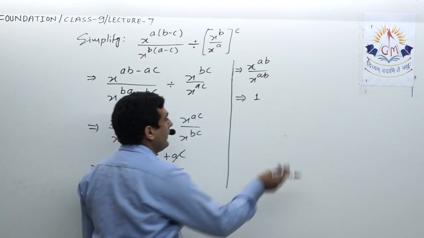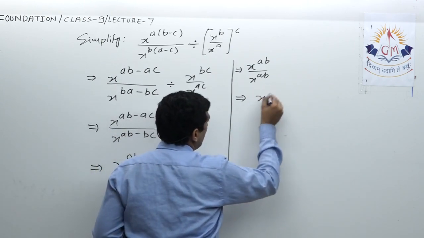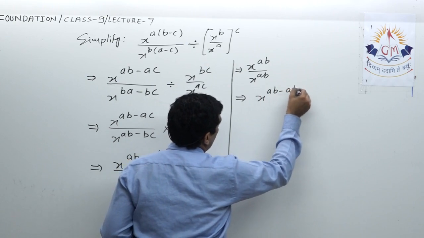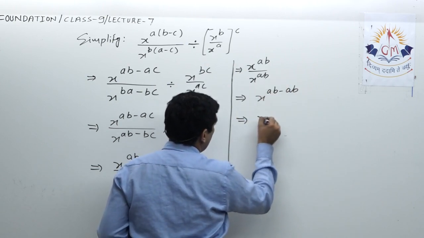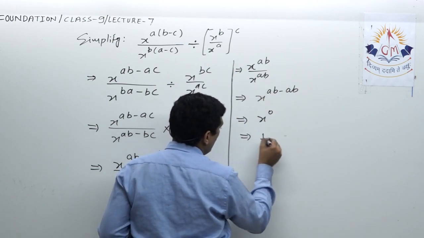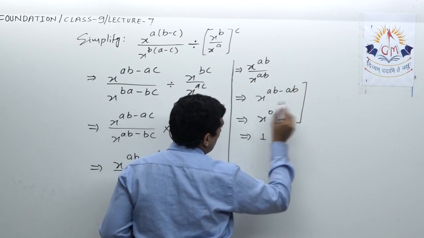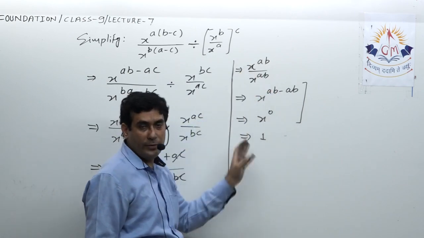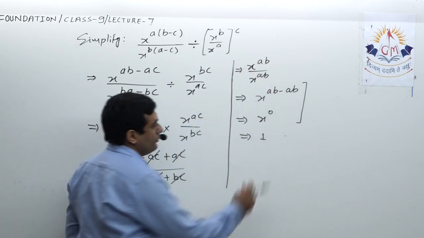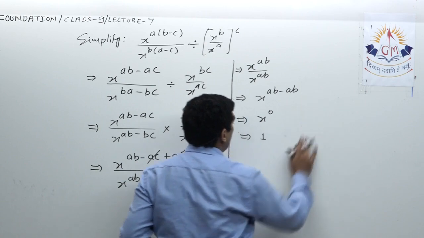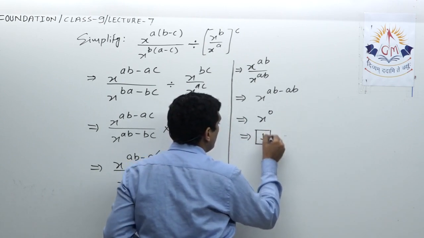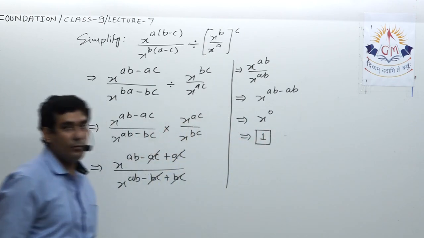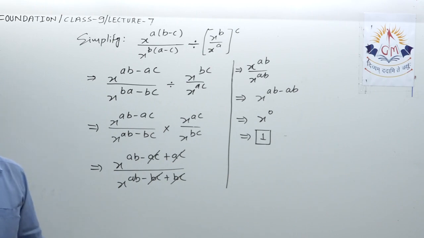Or if you want to apply the law, this is x raised to AB minus AB, quotient law, that is x raised to 0, that is again 1. But I won't suggest using this because same quantity upon same quantity we can cancel. So both ways are correct. So here final answer is 1. Okay, so note it down, then we'll see one more question of the similar type.